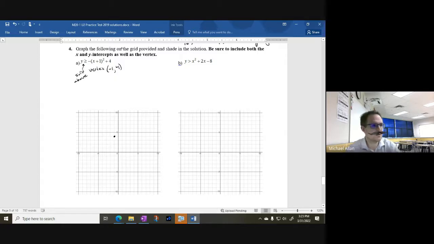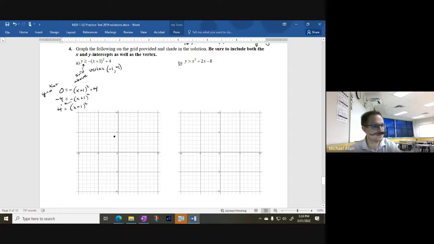But I need to know the x and y intercepts to create a proper graph here. I want to do this algebraically, definitely. So to find the x-intercepts, make y equal to 0. Let's do that and start rearranging this. Minus that over. I can't take the square root yet, so I'm going to have to get rid of this negative here. So I divide by the negative, and it turns to positive there.